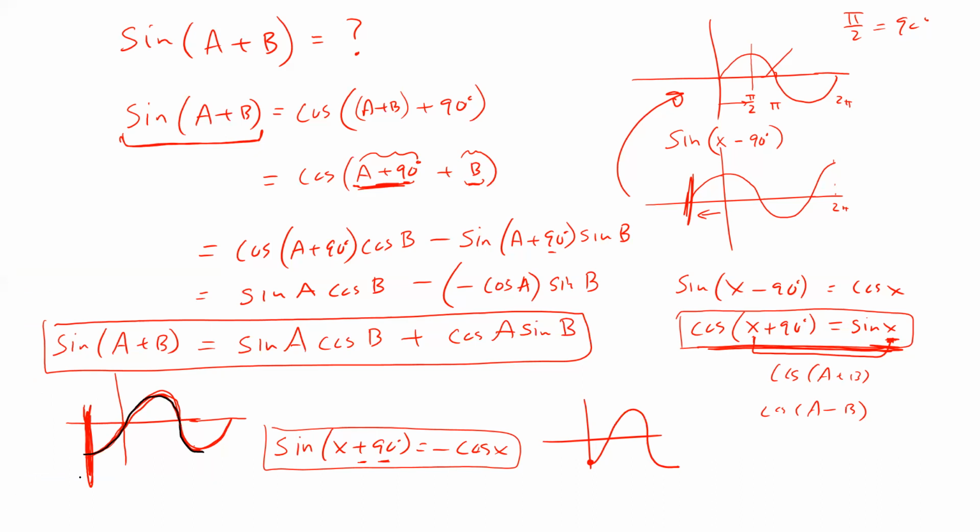That makes sense. So you're saying negative 90 degrees is moving it to the right, which changes it from a sine to cosine because of how it's positioned against the x-axis.